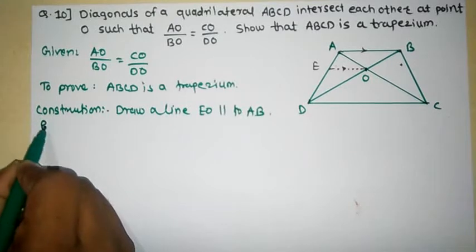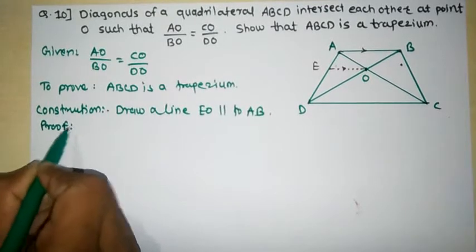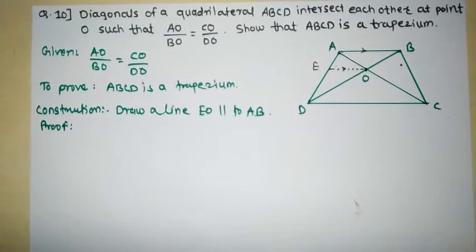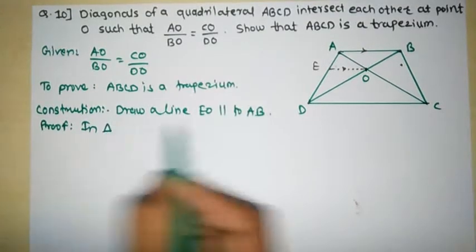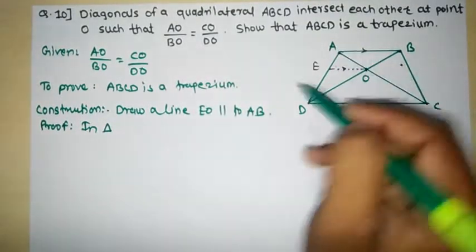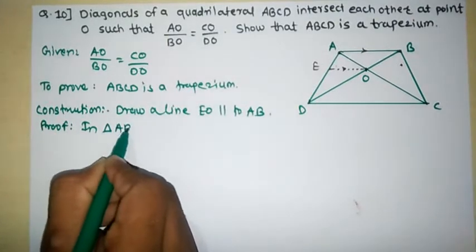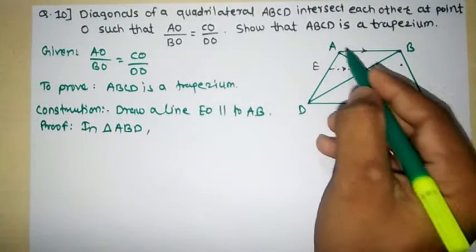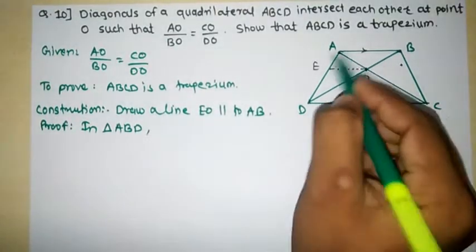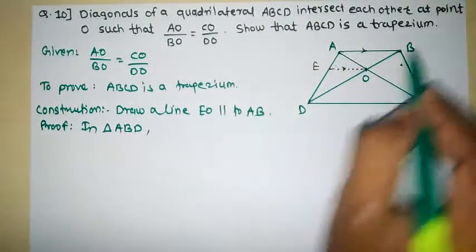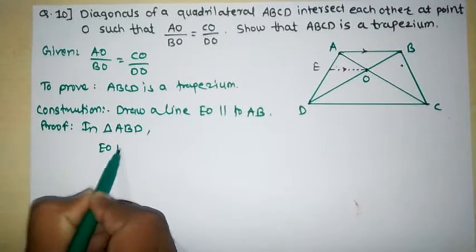Proof. Whatever we did in question number 9, the same procedure we have to follow here. Now see here, in triangle ABD, EO is parallel to AB.